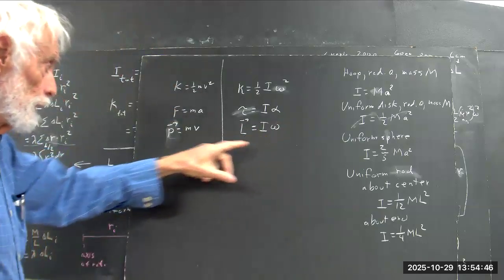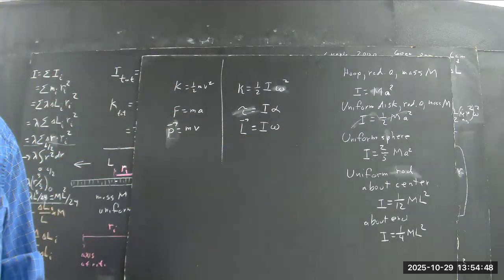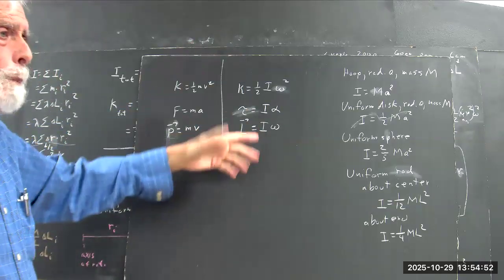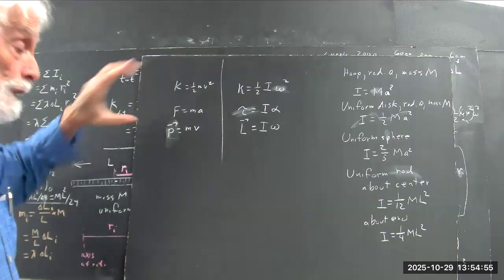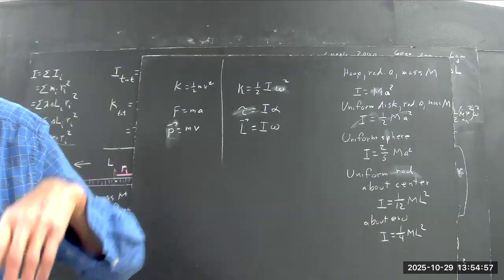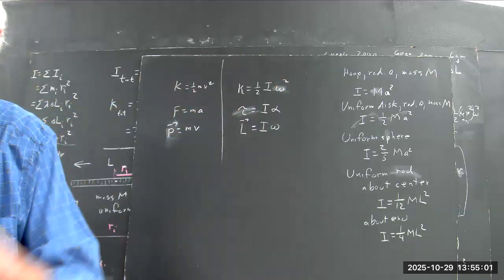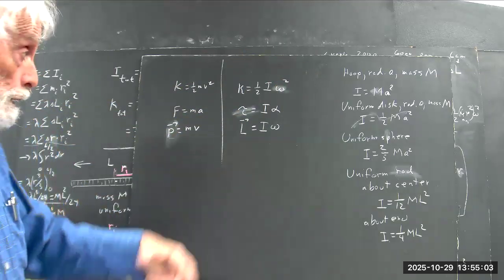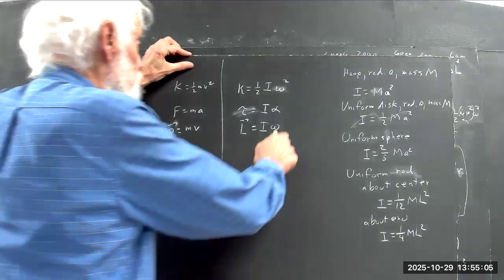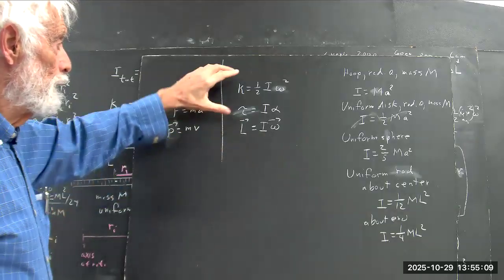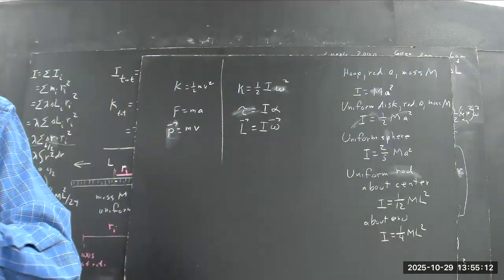Now, omega is angular velocity, V is linear velocity. I is moment of inertia, M is mass. So moment of inertia takes the place of mass in everything that you've been using so far, as far as kinetic energy and Newton's second law and momentum. So these are just the three new quantities you have.